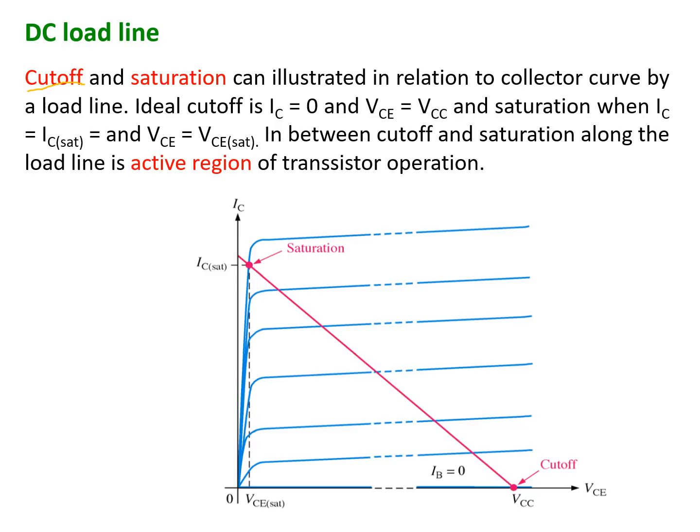Cut-off and saturation can be illustrated in relation to the collector curve by a load line. Ideal cut-off is IC equal to 0 and VCE equal to VCC. So here is the cut-off point.